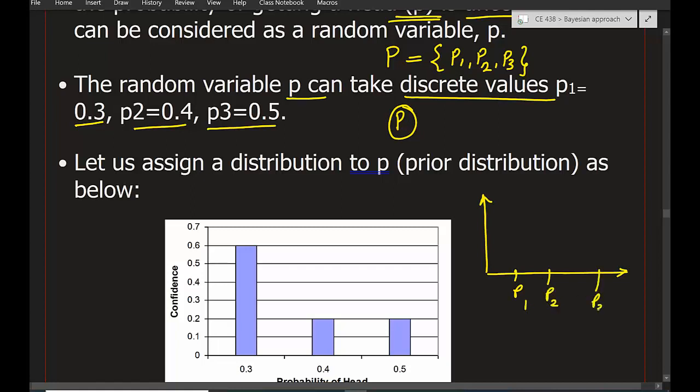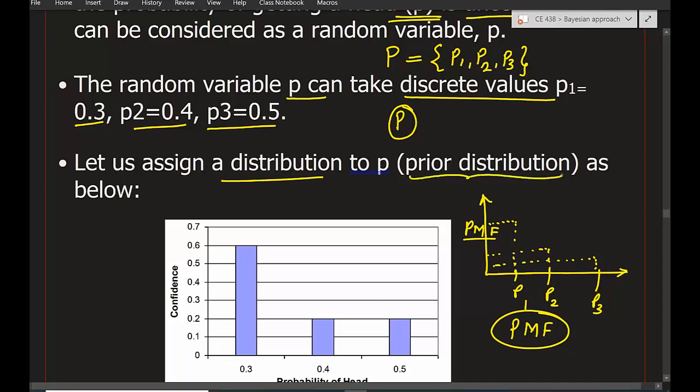Corresponding to P1 I will have some probability, corresponding to P2 some probability, and corresponding to P3 some probability, with the probability mass function on the y-axis. We call this a prior distribution.